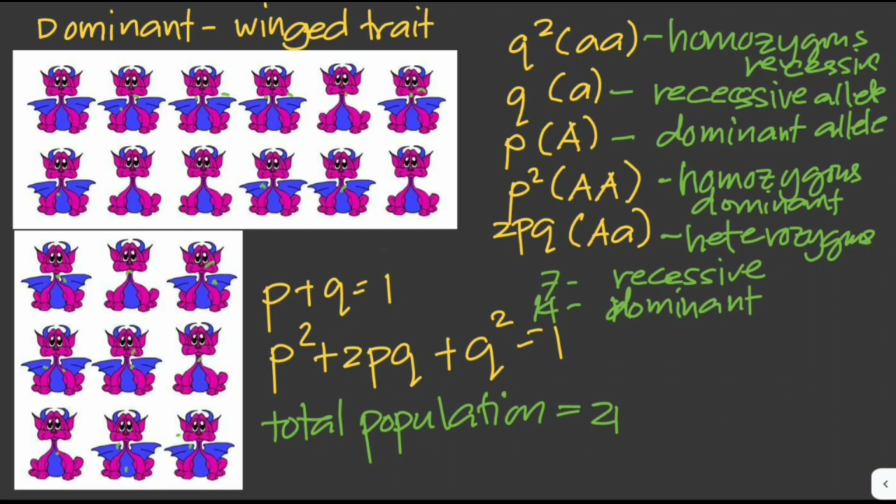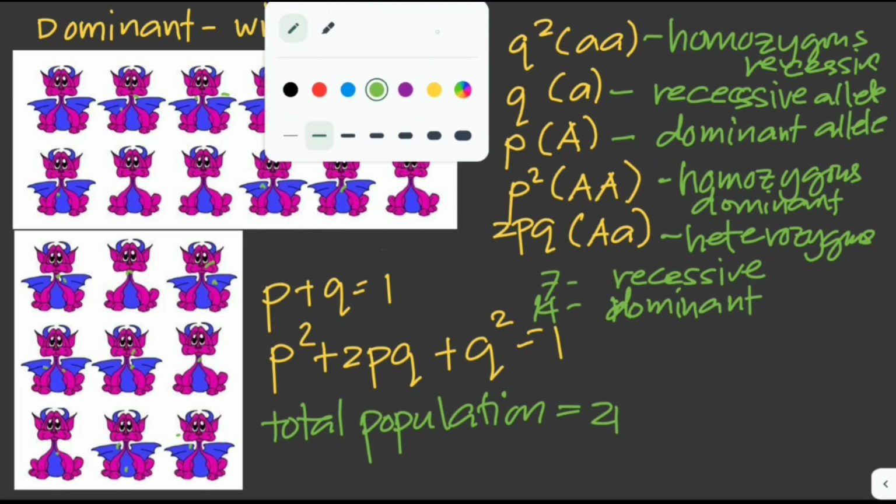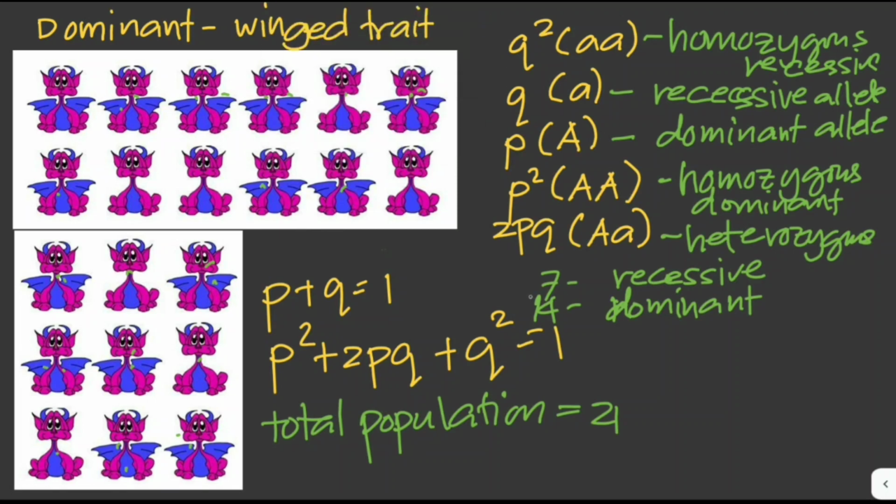Alright, so we can now solve for the population of the individuals. We can solve for the frequency or percentage of homozygous recessive individuals first, which is q squared. We can use 7 here. So 7 of 21 are homozygous recessive individuals.